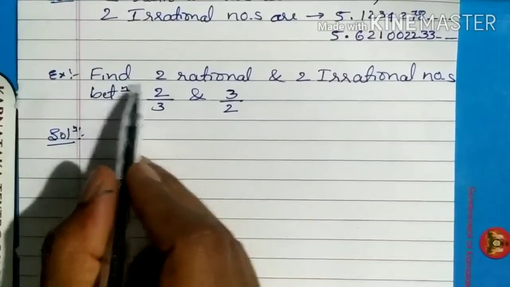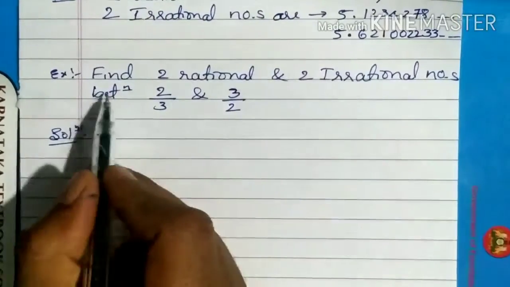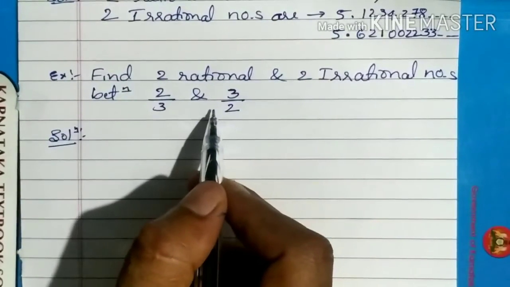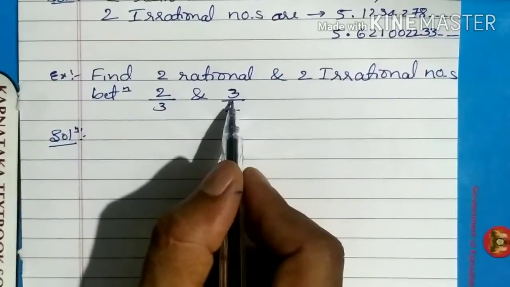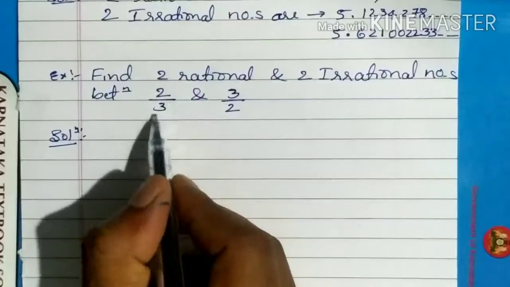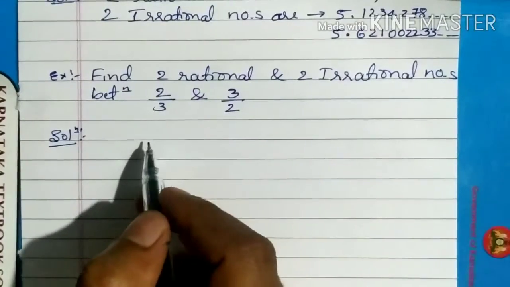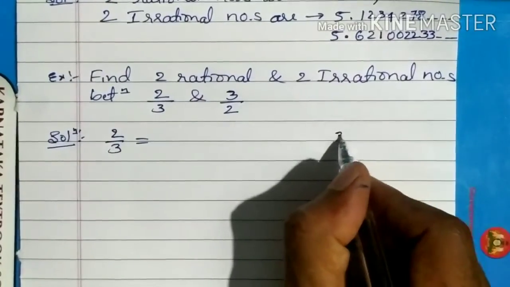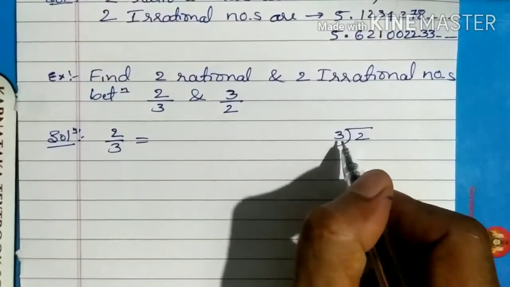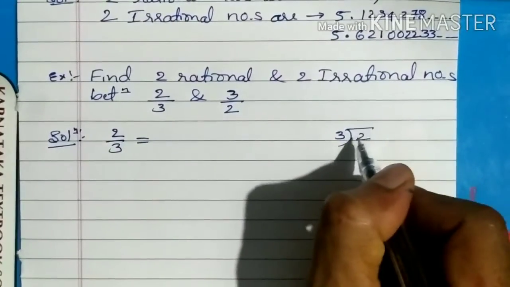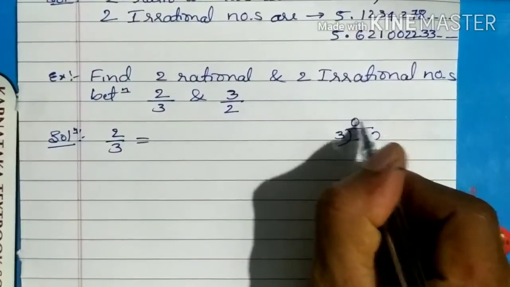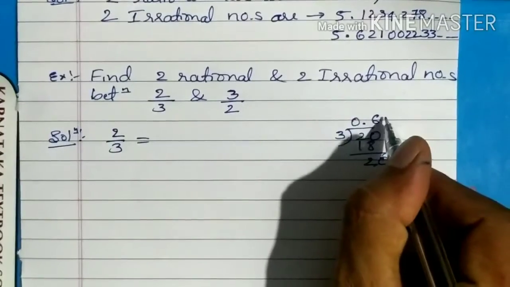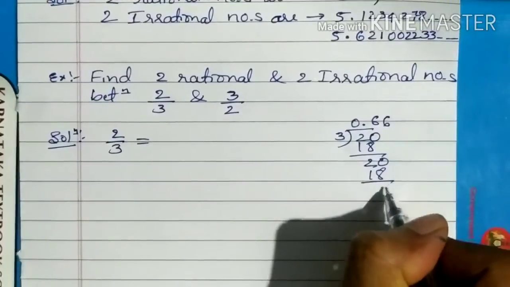Next example: find two rational and two irrational numbers between 2/3 and 3/2. Right here these two are not integers, but definitely these two are rational numbers. The first step is to convert these two numbers into decimal form. So 2/3: divide 2 by 3. You cannot divide 2 by 3, so you take 0 and put a point here. 3 sixes are 18 and 2 remaining, again 0, 3 sixes are 18, and it will go on like this.